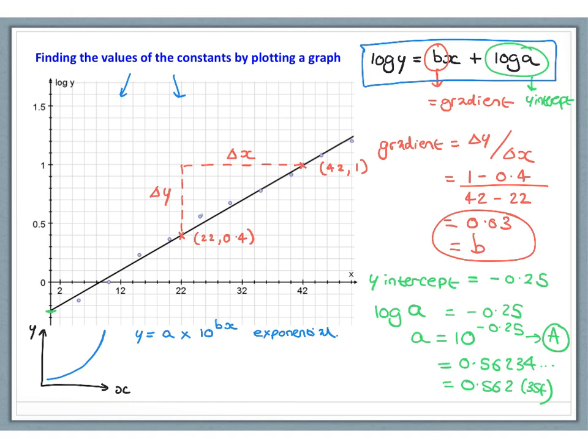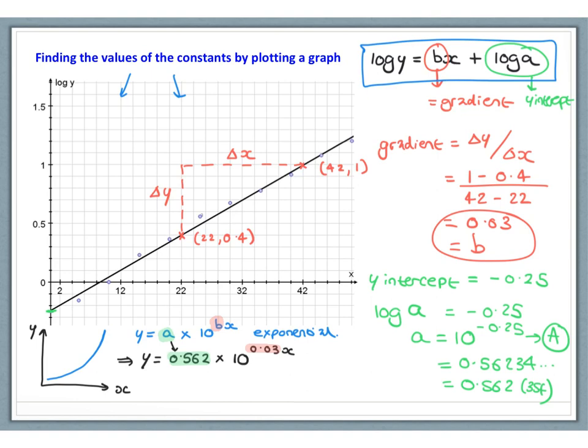We then found the y-intercept of our straight line, which allowed us to work out the value of a. So we can now fit this information together, and this gives us y equals 0.562, there's our a value, multiplied by 10 to the power of 0.03x. So to be really clear, here is b, 0.03, and here is a, rounded to 3 significant figures.